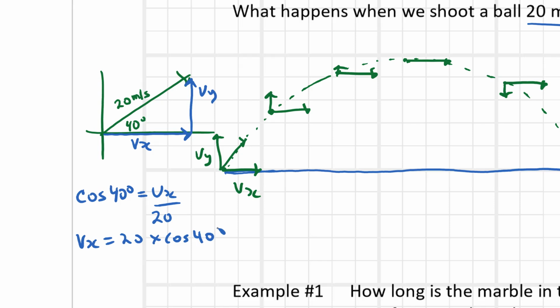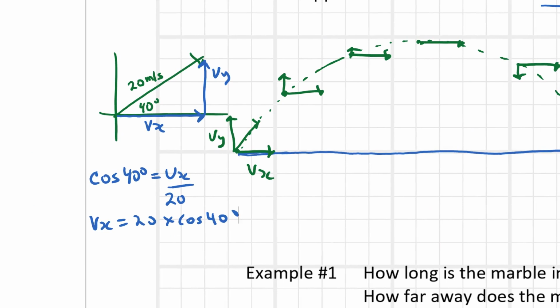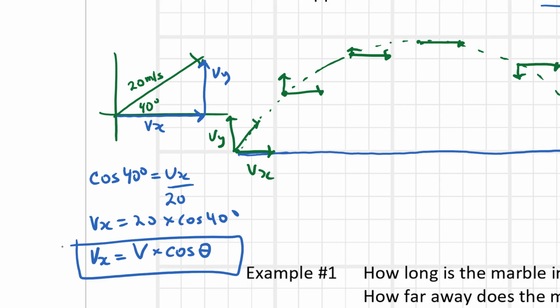Now, it's a good habit to put important things in your notes. Whenever you have a question like this where you have an initial launch and you want to separate it into the x and the y components, your Vx is going to be equal to whatever the velocity was, in this case 20, multiplied by the cos of the angle, whatever the angle was given. So this is a good one to have in your notes.